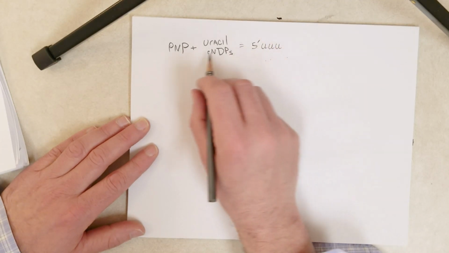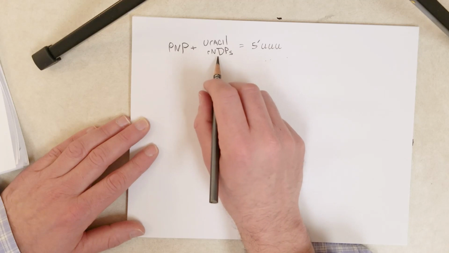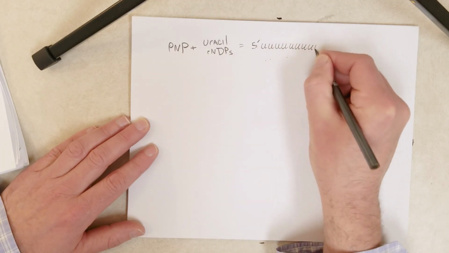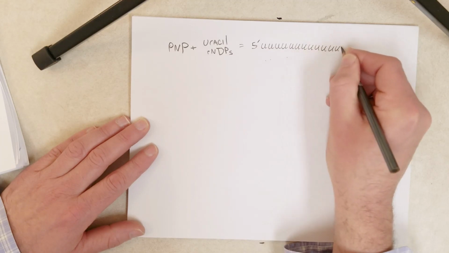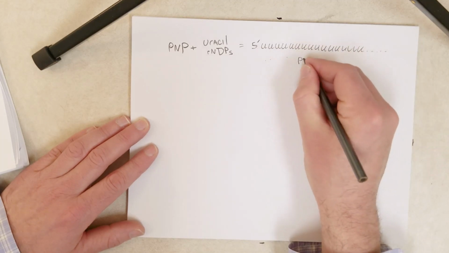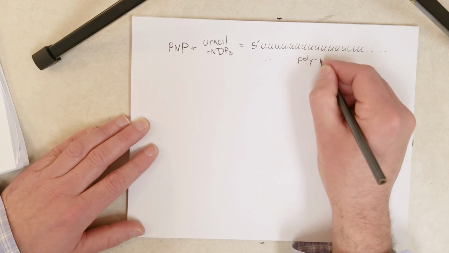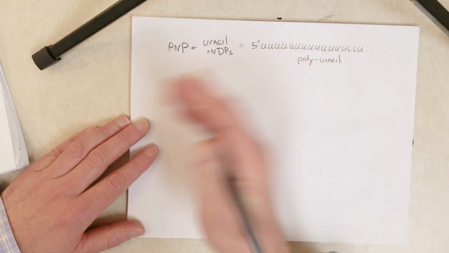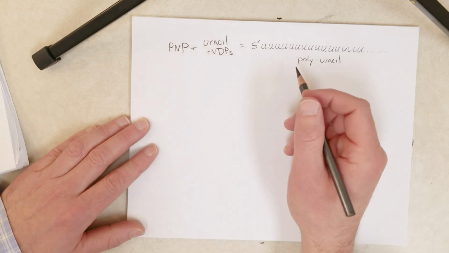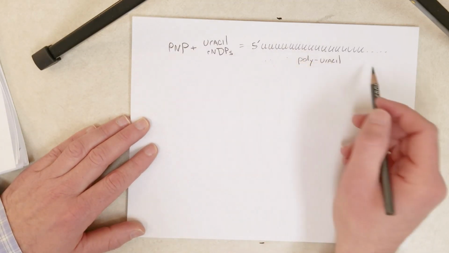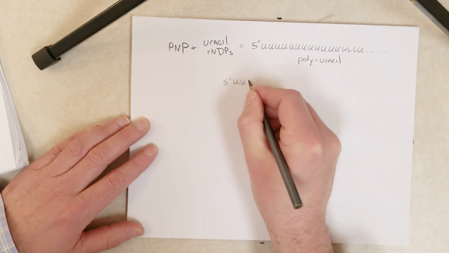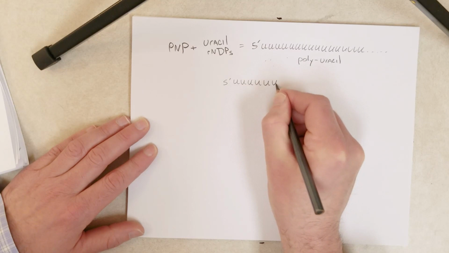So, PNP plus uracil RNDPs, what does that make? A long chain of RNA containing just U's. We're going to call this polyuracil. And if you see this polyuracil, how many different codons do we see in there? Here's another one down here.